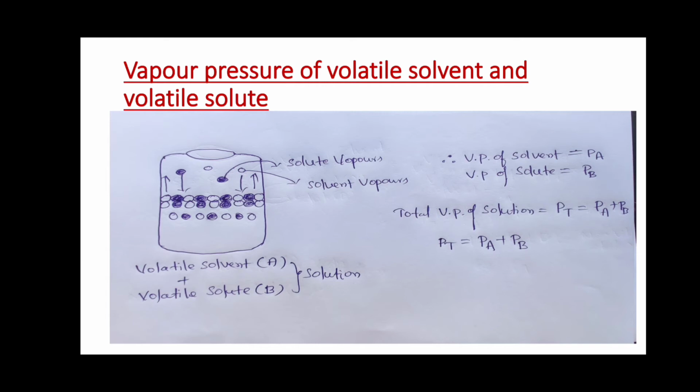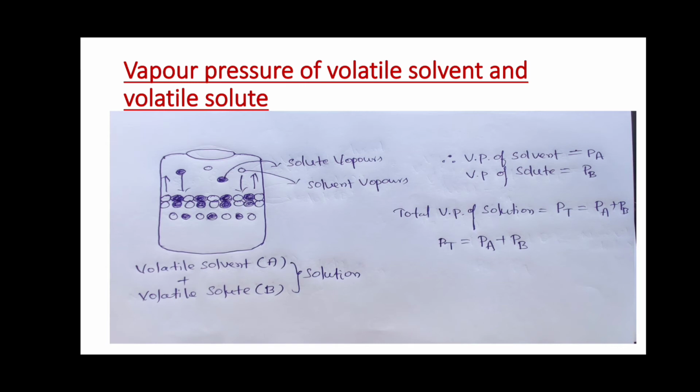So in that solution the surface of the solution is occupied by solute particles and solvent particles. At a given temperature and pressure, both the solute particles and solvent particles are converted into vapors, which means they create solute vapors and solvent vapors.